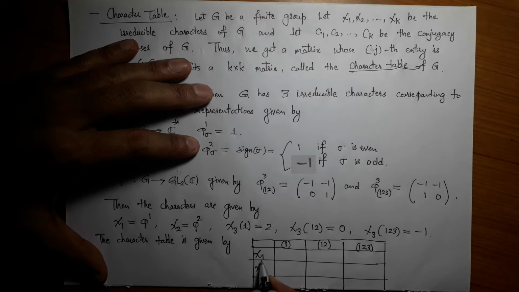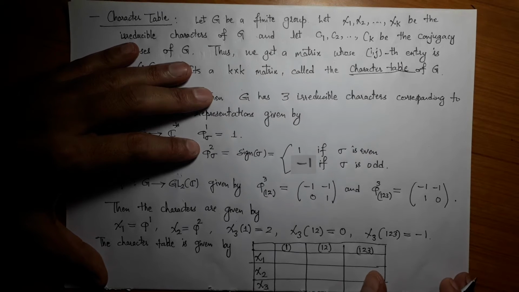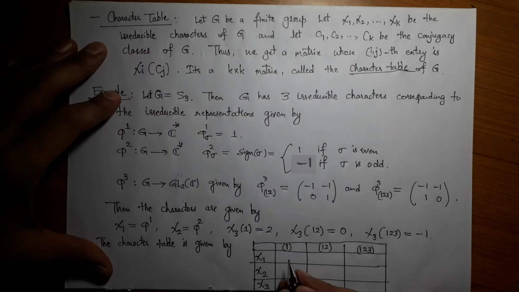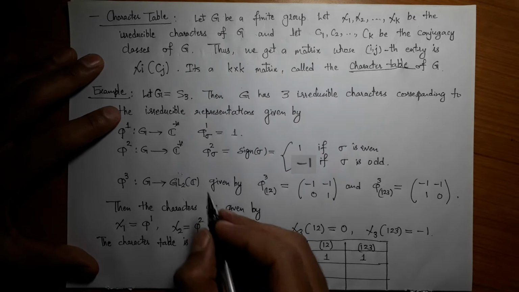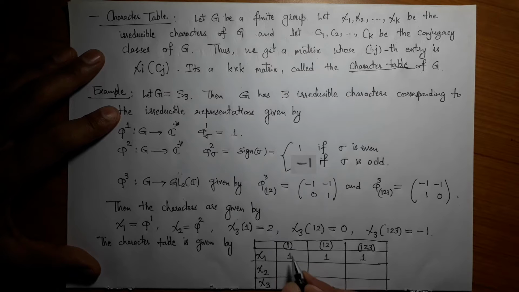Chi1 is a trivial character, so in each case the value is just 1 1 1. Chi2 is the sign character. The trivial element is an even permutation, so the value is 1 here. This is an odd permutation, so it is -1 here. (1 2 3) is an even permutation, so it is 1 here.